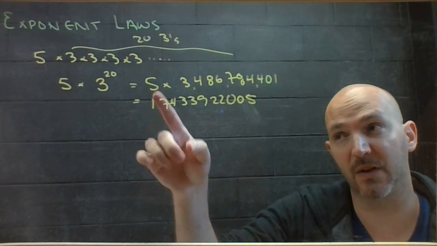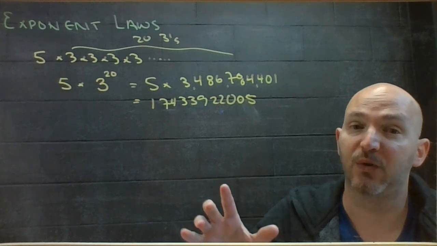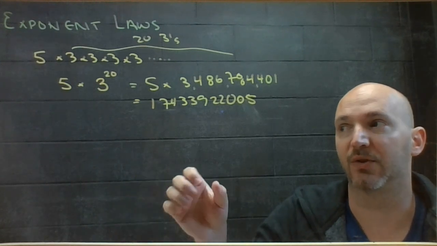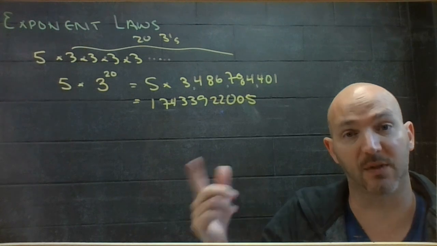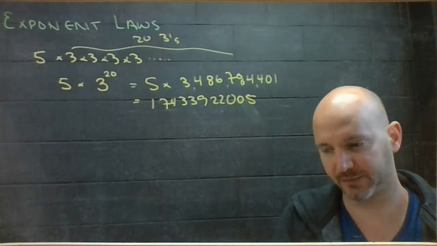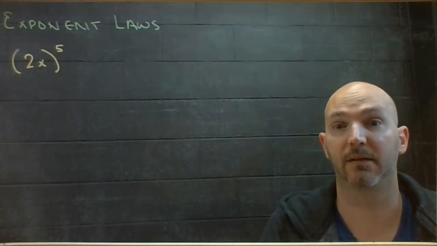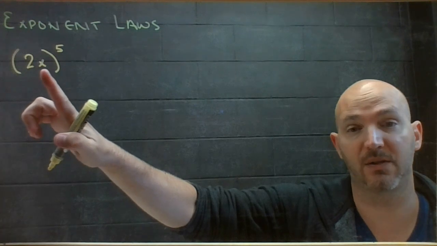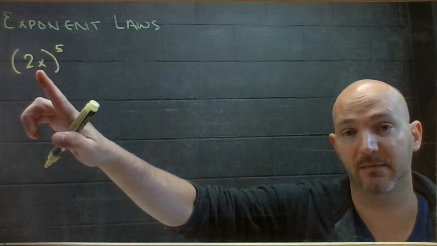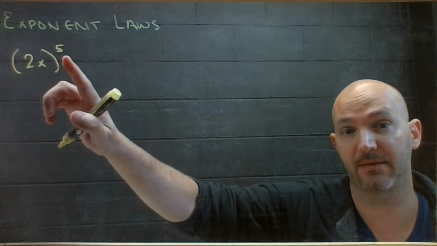So we're going to start using it on complicated expressions. And there are just a few rules we're going to have to figure out in order to take some shortcuts and speed things up. So I'm going to clear this off and do a couple of examples with you. That there says take these two things, 2 times x, and multiply them by themselves 5 times.